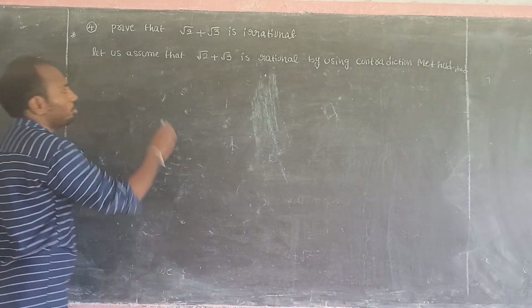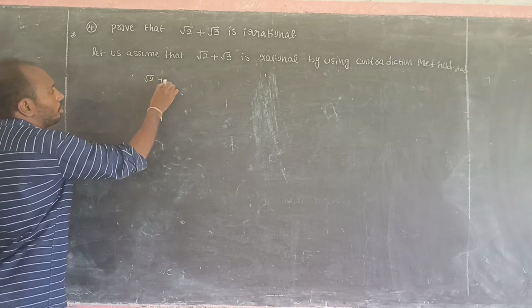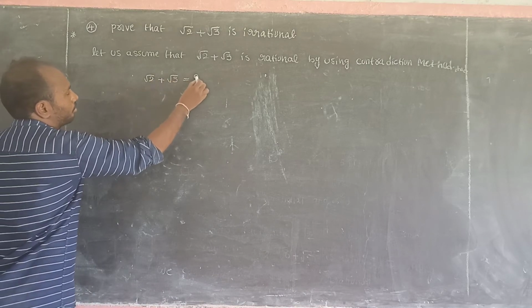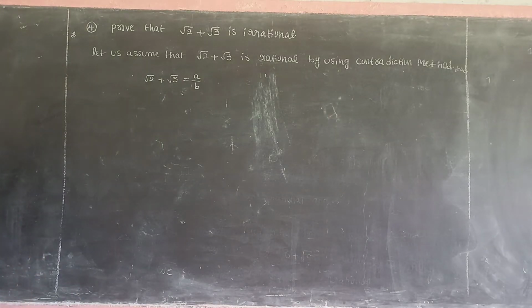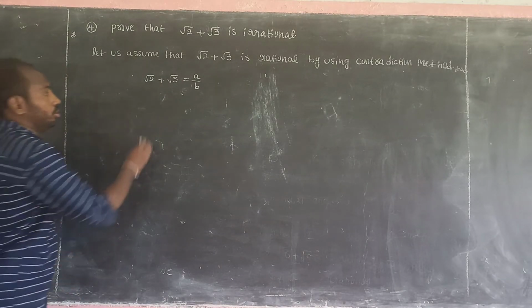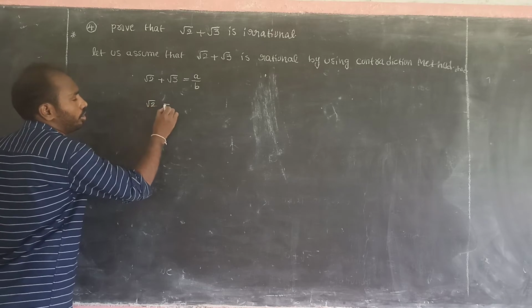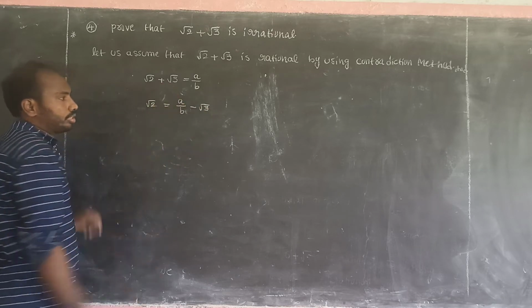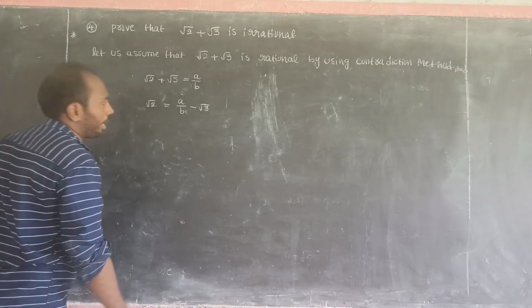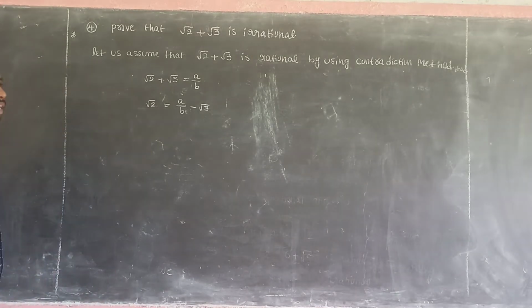So root 2 plus root 3 is equal to a by b. Root 2 is equal to a by b minus root 3.